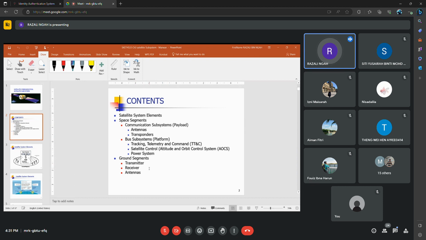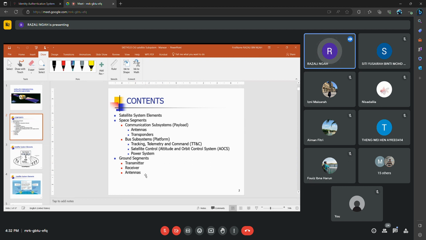The ground segment is actually for the user. Depending on the user, it may consist of a receiver only, or both transmitter and receiver. If we take an example of Astro, we receive only; we don't transmit.